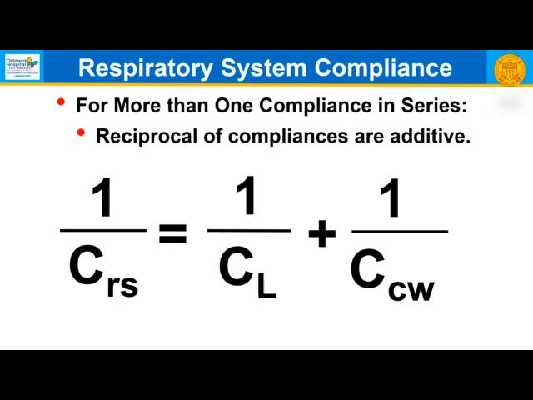So if you want to measure, for example, lung compliance and chest wall compliance, both of these work together, all right? So the reciprocal of compliance is additive. Respiratory system, 1 over respiratory system compliance would equal 1 over pulmonary compliance plus 1 over chest wall compliance.